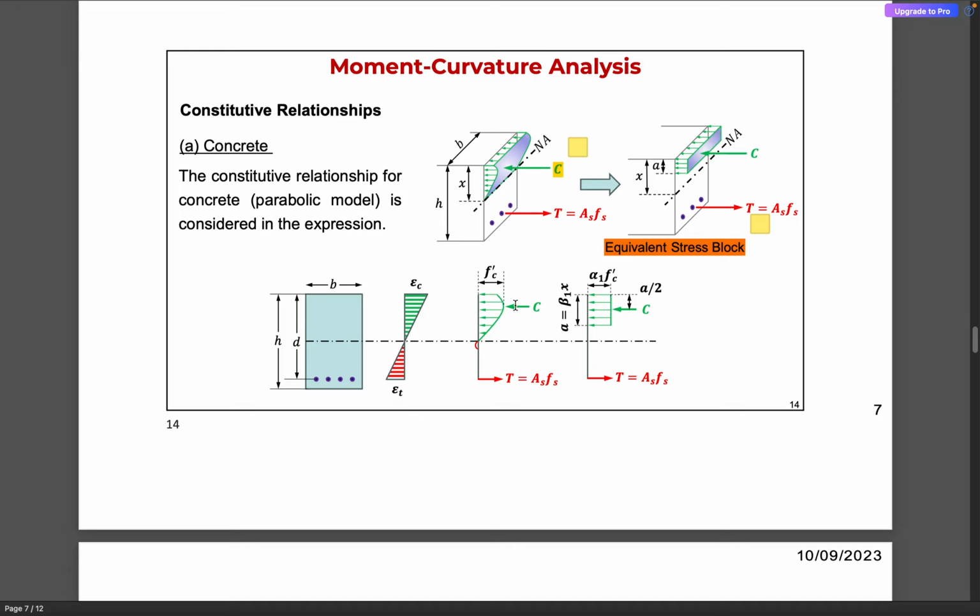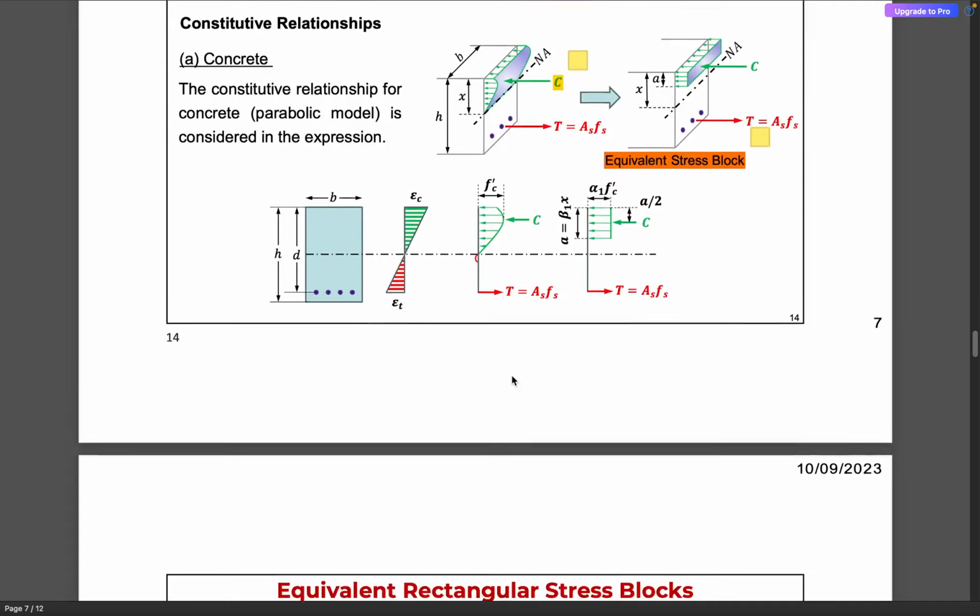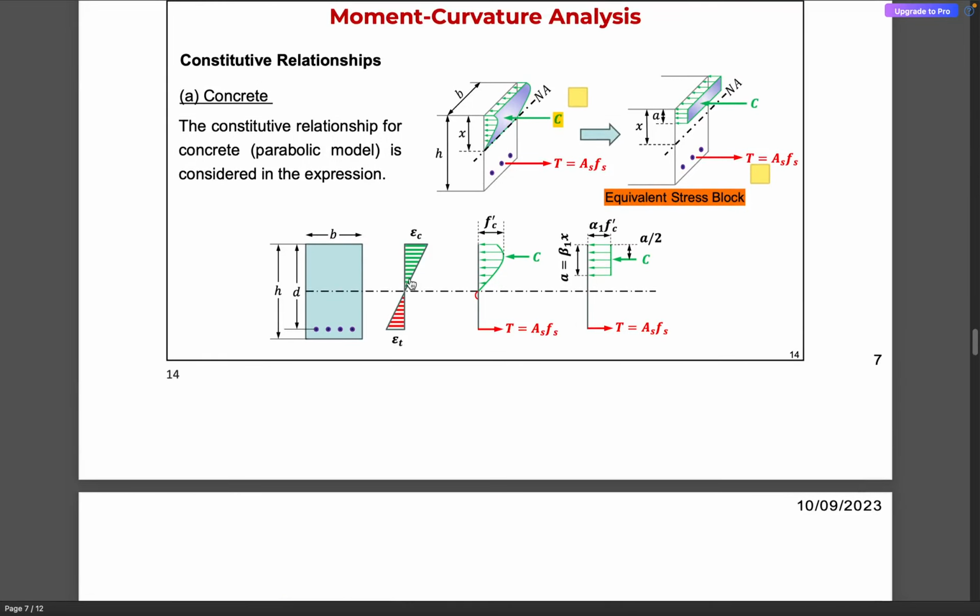Once we obtain the value of the compressive force and the tensile force within the concrete and reinforcing steel, we can simply multiply it with the lever arm, that is the distance between the compressive and tensile force, in order to obtain the moment, and subsequently we can obtain the value of curvature also.